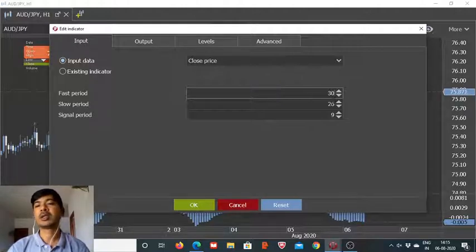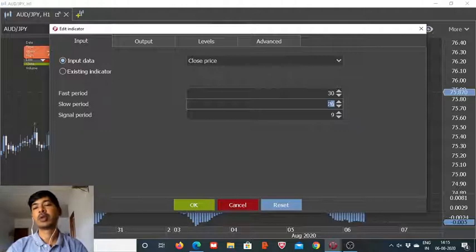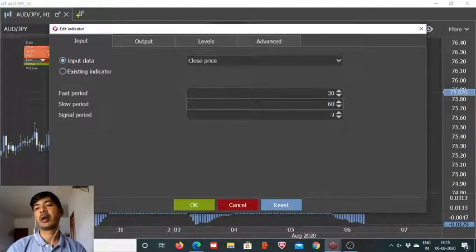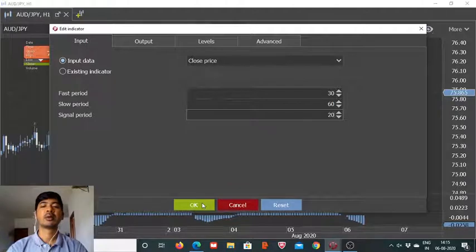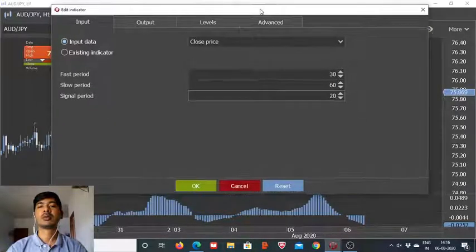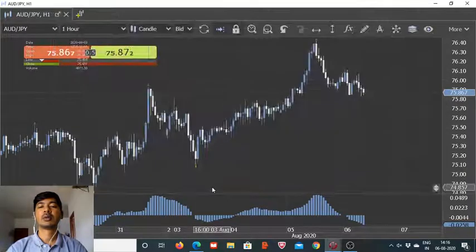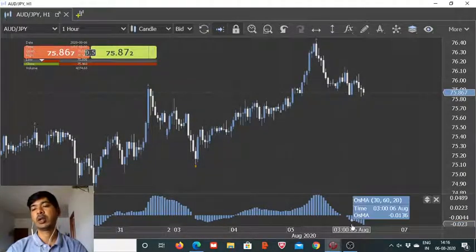Okay, we have changed this to 13. Here we are going to make this 60, and for example let us make it 20. All right, it has been plotted.